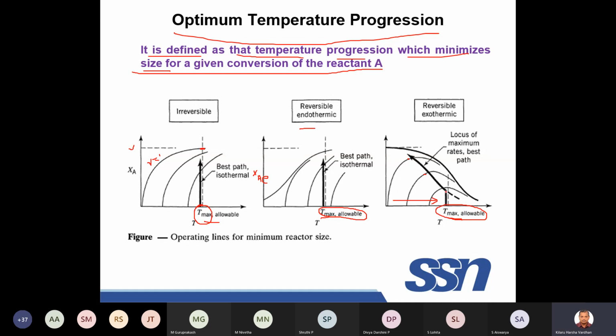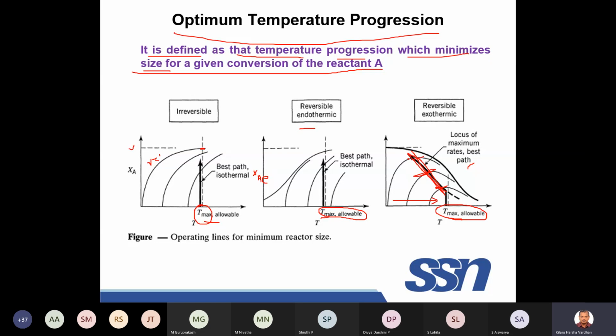Once you go there, then you try to decrease the temperature in such a way that you will be on this locus of the maximum rates. This is the locus of the maximum rates. That is what we call the locus of maximum rates. That is called the best path. So you go on decreasing the temperature so that at this particular temperature, you will have the maximum rate. At this point also, you have the maximum rate.